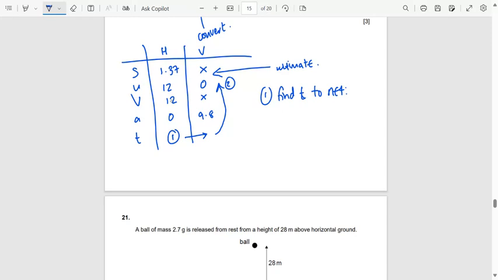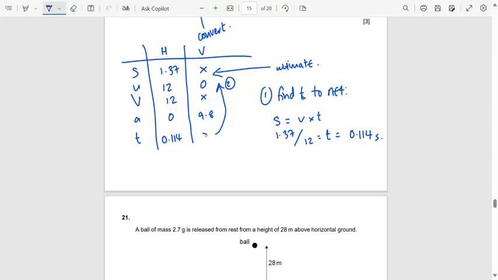We've got S, U, V, and T. Let's use S equals VT, so distance equals speed times time. 1.37 divided by speed equals the time, which is 0.114 seconds.